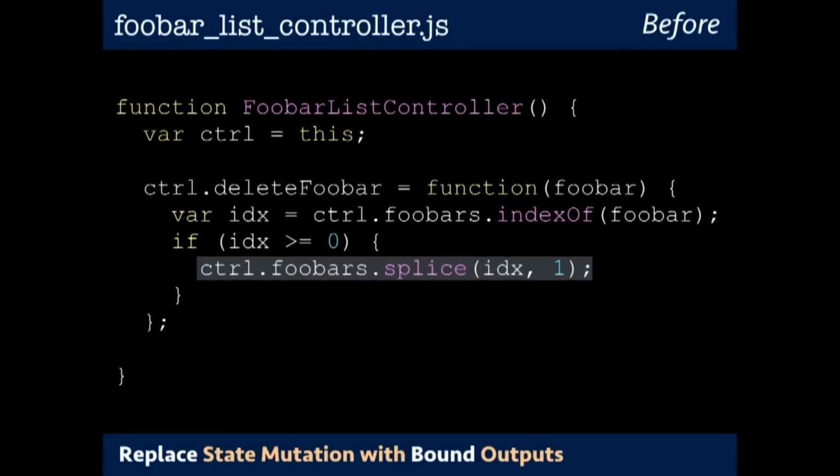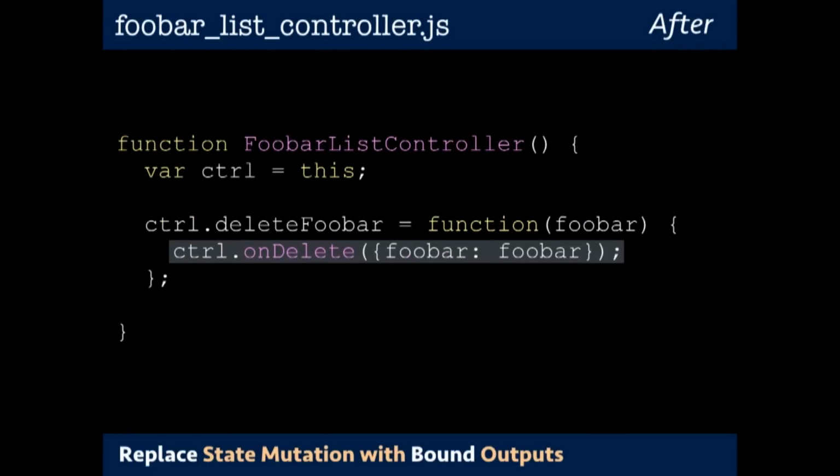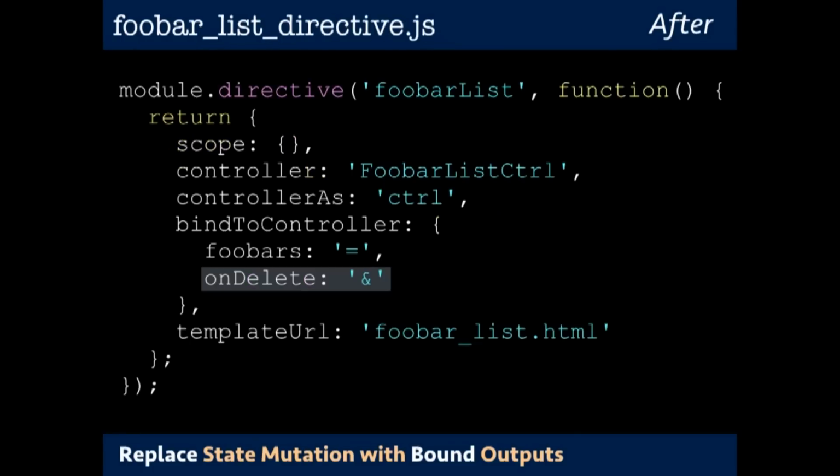What it should do instead is just call some method, some bound output that it has been given, saying, hey, this user wants to delete this foo_bar, but I don't own the data, so I can't do it, but I'm letting you know this needs to be deleted now. And you put that in the interface boundary, which explicitly now says that this component may want to delete stuff, and when you use the component, you need to be able to handle that.